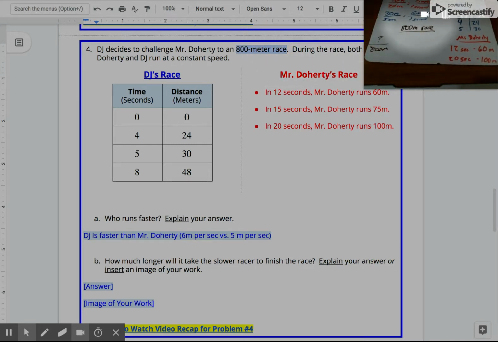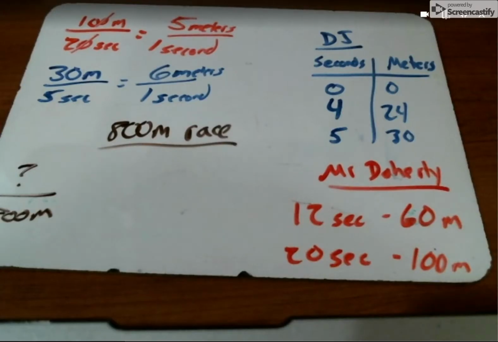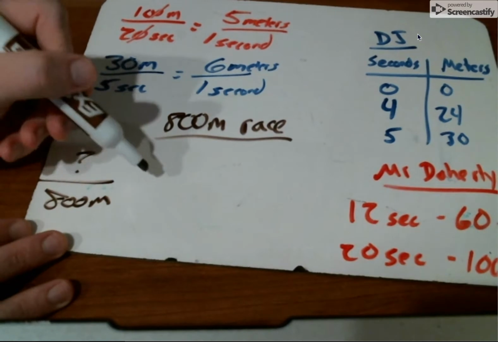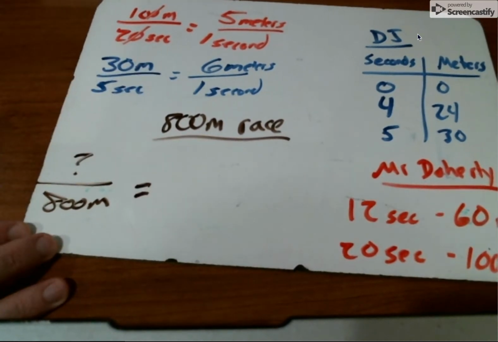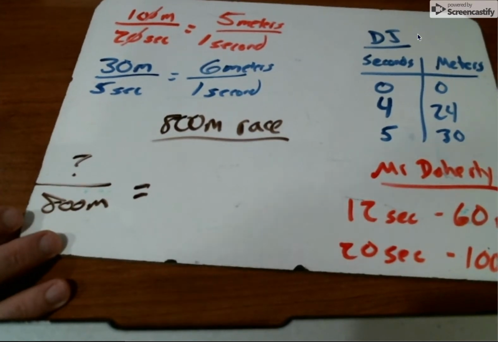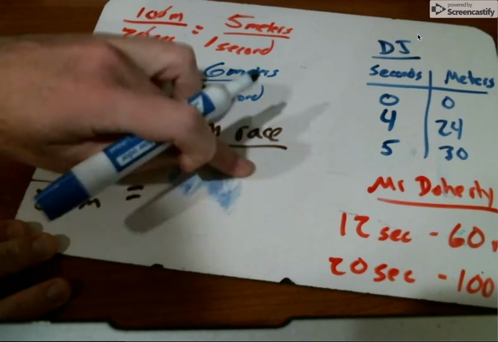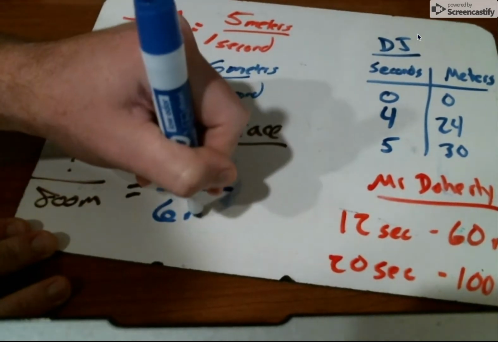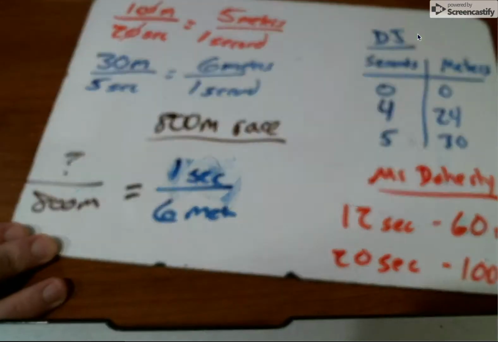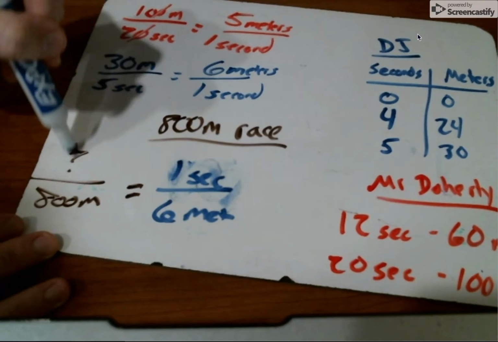So we'll put that whiteboard into full screen now. We've got an 800-meter race, and we want to know how long it's going to take for them each to run 800 meters. If we set that up as a proportional relationship and compare that to DJ, who comes in at 6 meters every 1 second, 6 meters on the bottom, 1 second on the top. Then we could set up cross multiplication, and here's our x.